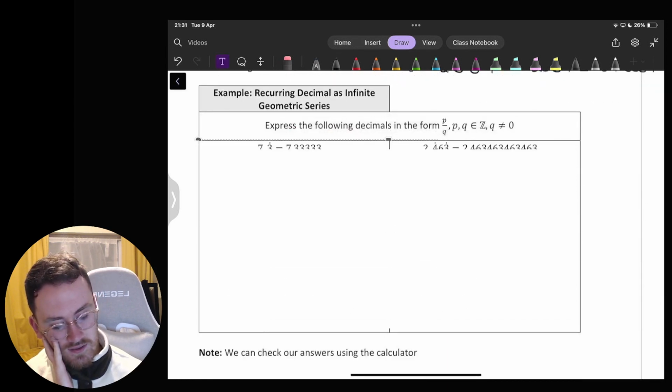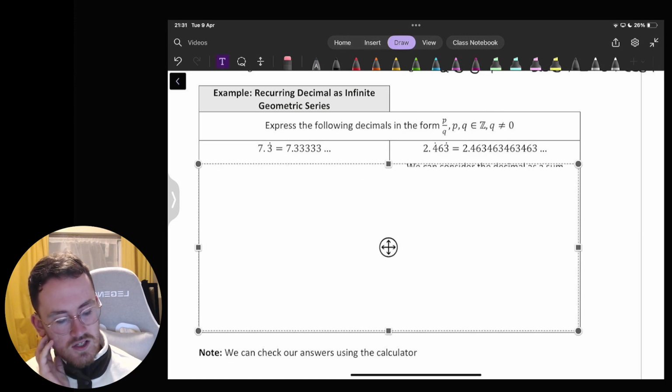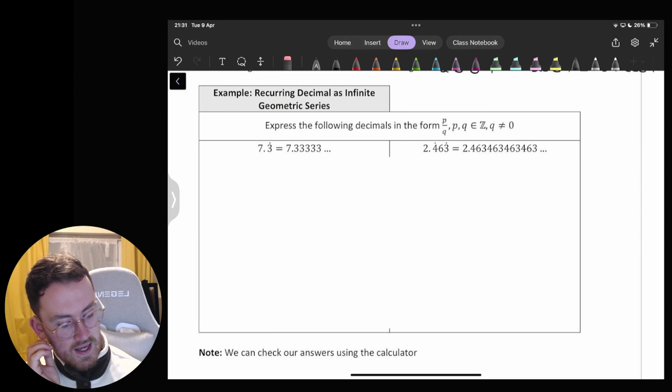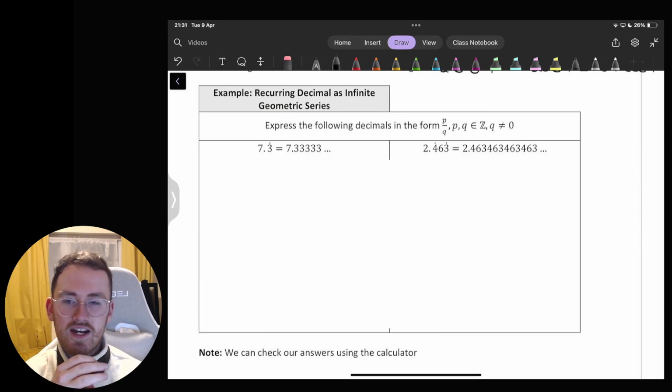Looking again, I have covered up my question again. So let's express each of these decimals as a sum to infinity and use that in order to express it in fraction form, because as we saw, those sums to infinity tend to reduce to a nice fraction because the formula itself is in fraction form.